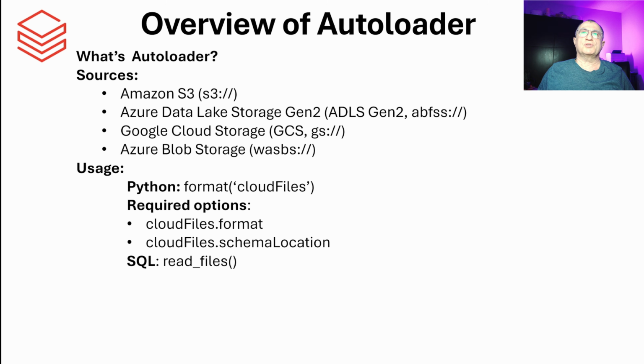Besides this, there are also some other important options like cloudFiles.format, which tells what file formats you are trying to ingest, as well as schema location, where Autoloader will create the schema which it will infer based on your data. Finally, you can call Autoloader both from Python and SQL. I have provided the SQL syntax here at the bottom, and we will explore both options in a demo.